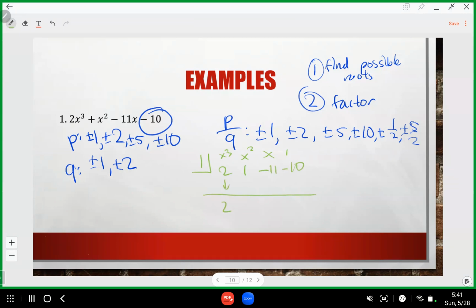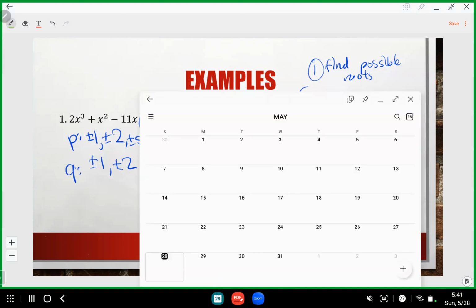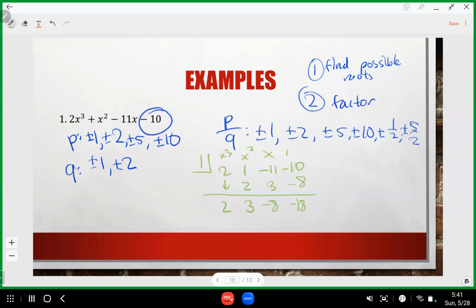We put the 2 below the 1, and that will become 3, and we put a 3 below -11, which will become -8, and that will become -18. So obviously that doesn't work.